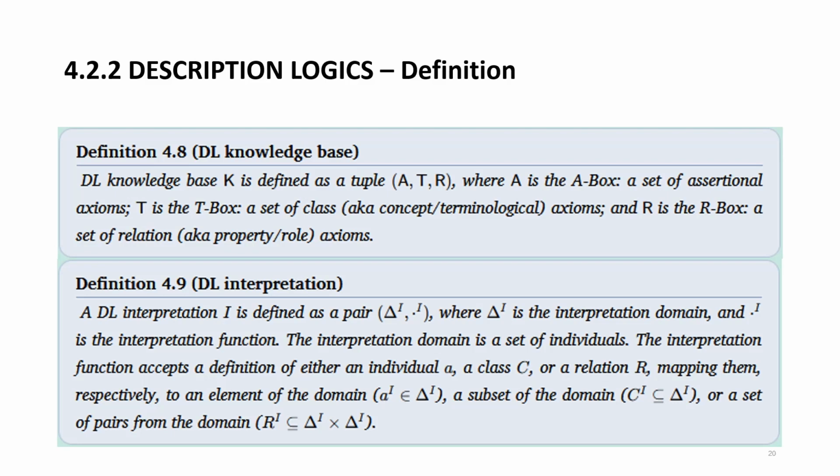The interpretation domain is a set of individuals, and the interpretation functions accept definitions of individual A, class C, and relation R. The individual A would be an element of the domain, the class C would be a subset of the domain, and the relation R would be a set of pairs from the domain.